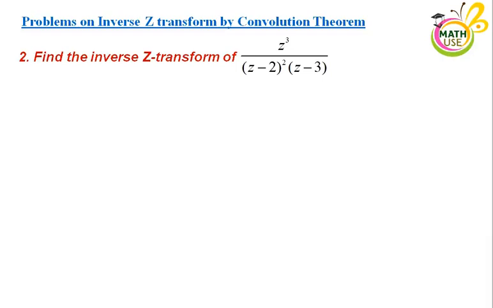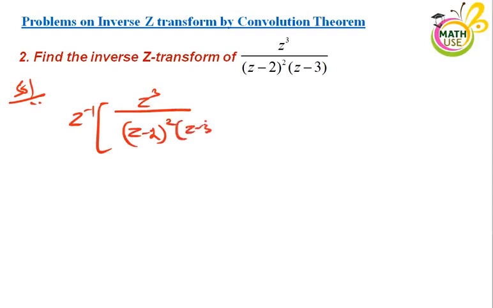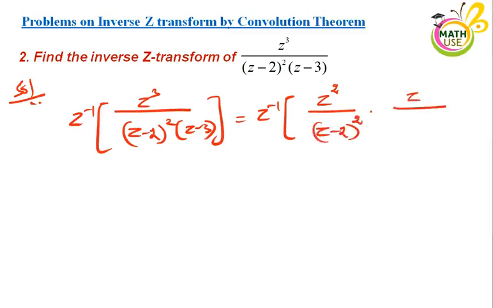The question is, find the inverse Z transform of z³ divided by (z minus 2)² into (z minus 3). So first let us consider the given function with inverse Z transform. Here we can write this inverse Z transform into two functions, like z² divided by (z minus 2)² into z divided by (z minus 3).